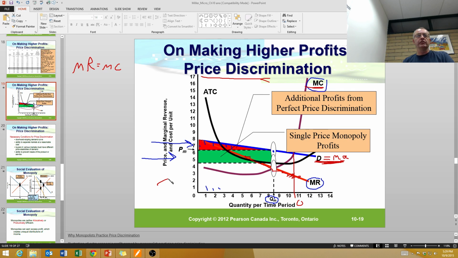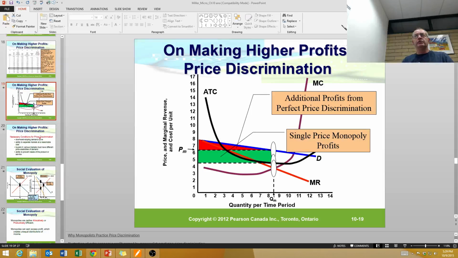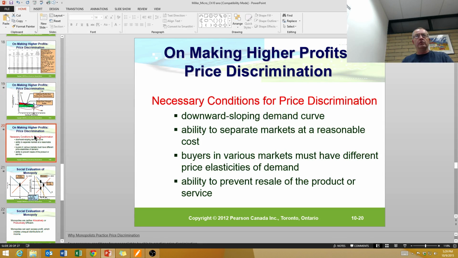So this little illustration only illustrates the concept of additional profits from practicing price discrimination. It does not illustrate the profit maximizing quantity for the monopolist. Unfortunately, it's just a little bit off there. It's not off. It's just that's all the authors wanted to illustrate. Anyways, okay.